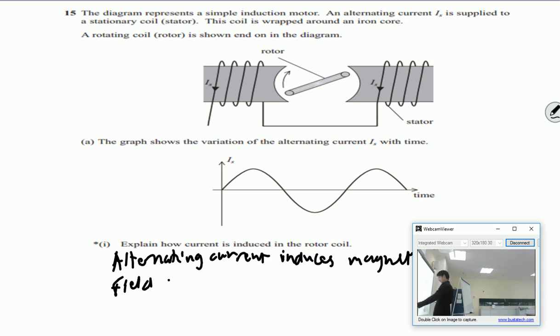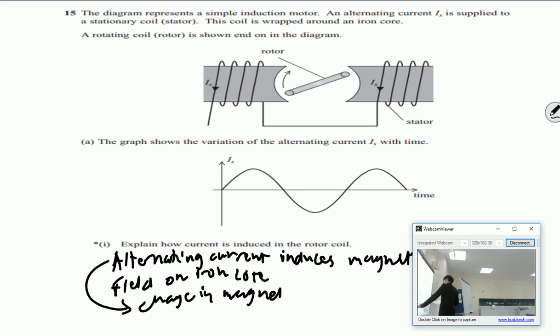The alternating current causes a change in magnetic flux.